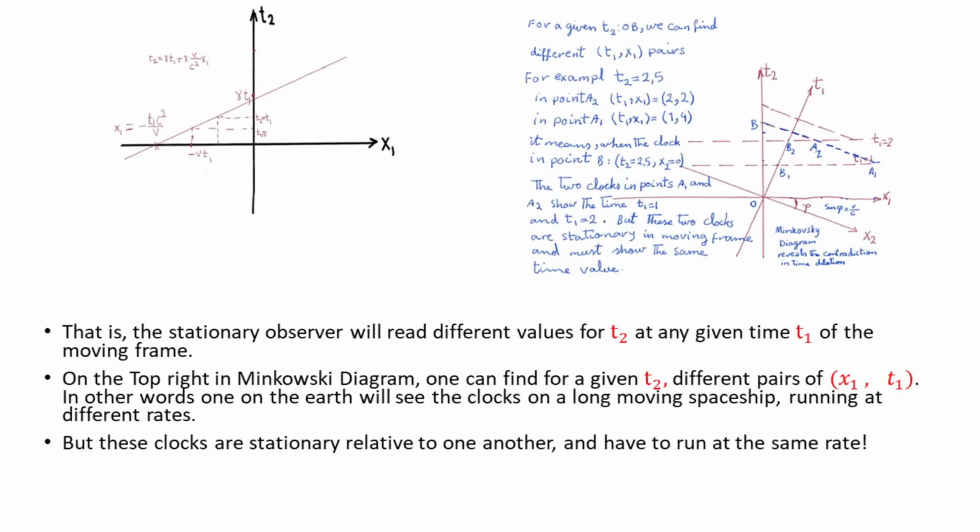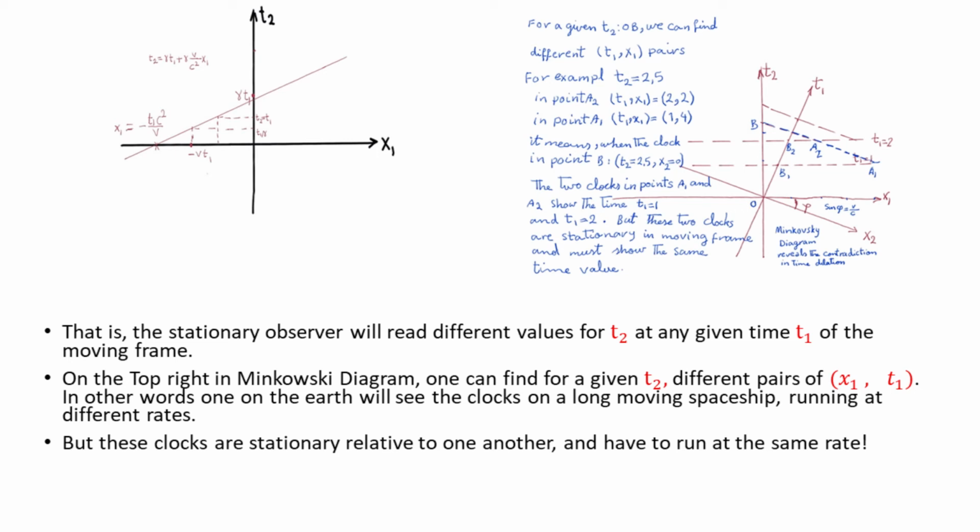That is, the stationary observer will read different values for T sub 2 at any given time T sub 1 of the moving frame. On the top right in the Minkowski diagram, one can find for a given T sub 2 different pairs of x sub 1, T sub 1. In other words, one on the Earth will see the clocks on a long moving spaceship running at different rates.